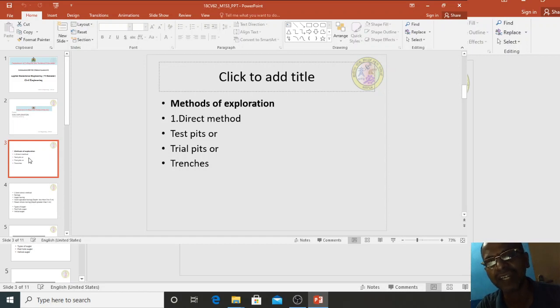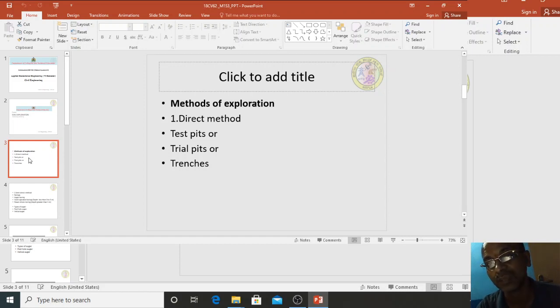In the direct method, as the depth increases, the opposite wall's shadow falls on the excavated portion, so a visibility problem will occur. Therefore excavation becomes difficult and observing the color variation of the soil strata becomes difficult.